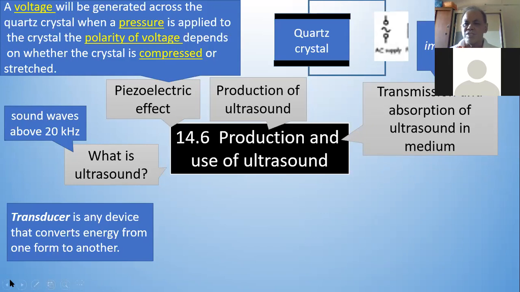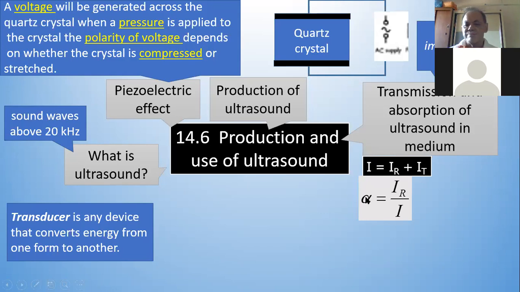And then we introduced the term acoustic impedance, Z, which is the density of the medium times the speed of ultrasound in the medium. Then we introduced the original intensity. As it passes a boundary, part of it is reflected, and part of the intensity passes through the boundary, which we call transmitted.